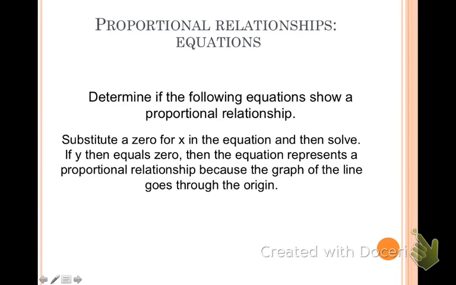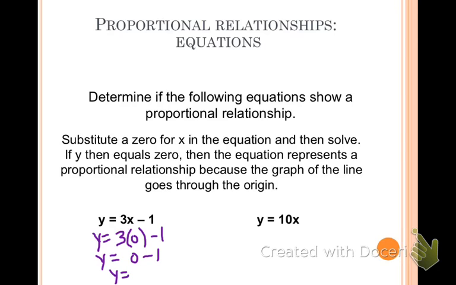Determine if the following equations will show a proportional relationship. So if you're given an equation, you can tell if it will go through the origin because it will be through (0, 0). To do this, you would substitute in a 0 for the x. You will do the math.